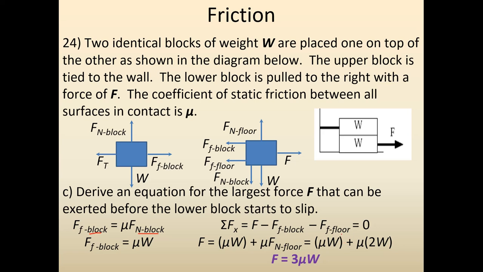Now, all this kind of makes sense if we really think about it. When we pull the object, it's rubbing against both the top block and the floor. So there should be two frictions: a friction from the top and a friction from the bottom. And because there's all this extra weight, there's the two weights acting down, and there's also the force from the floor.